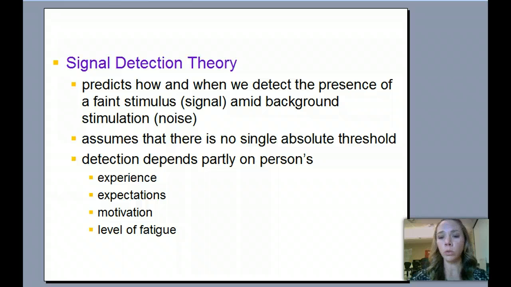Now, this assumes that there's no single absolute threshold, meaning that you can see a flame from a tower far away, 30 miles away, 50% of the time. But this is assuming that our thresholds change depending on these four things, okay? So experience, expectations, motivations, and how tired you are, your level of fatigue.